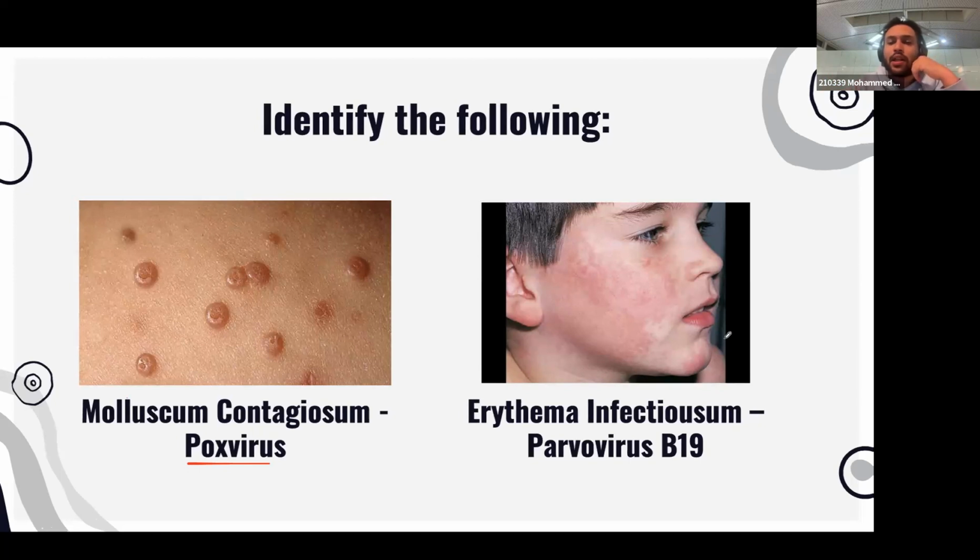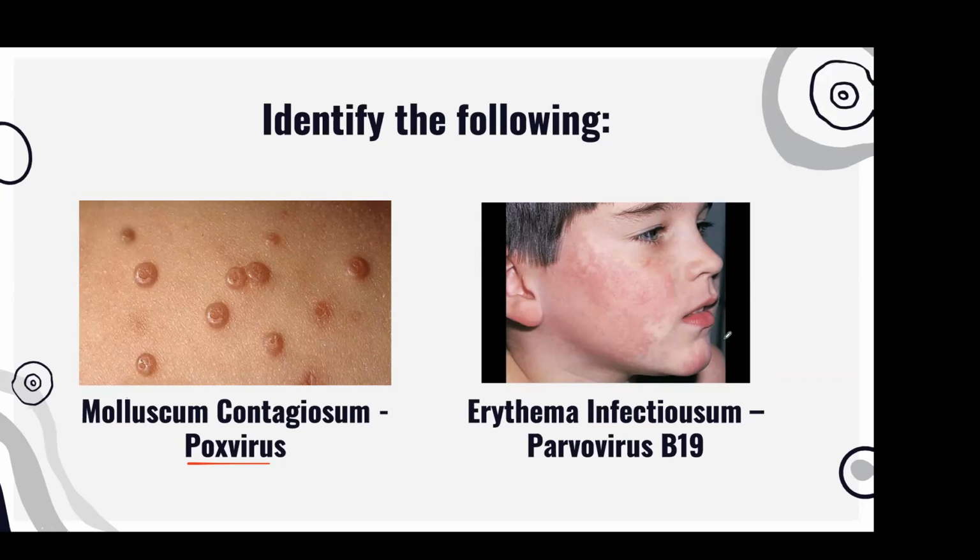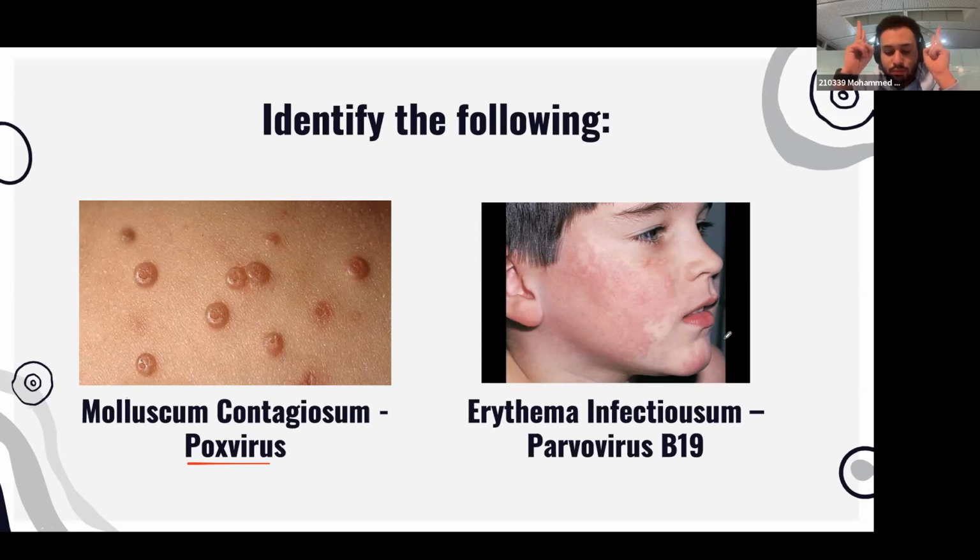Rubella does have a characteristic rash appearance. 2 is scarlet and 3 is rubella. Scarlet fever causes what on the tongue? Strawberry tongue, good. And it's caused by what infection? Strep pyogenes, good.